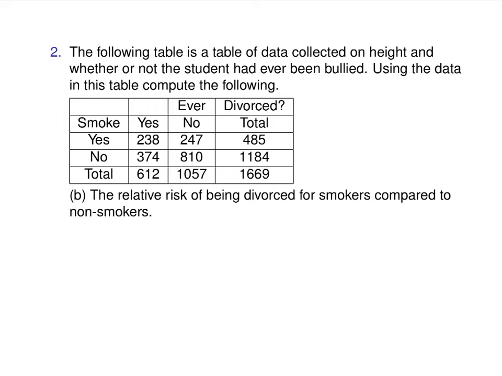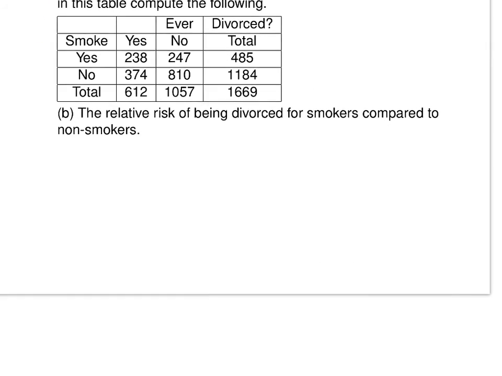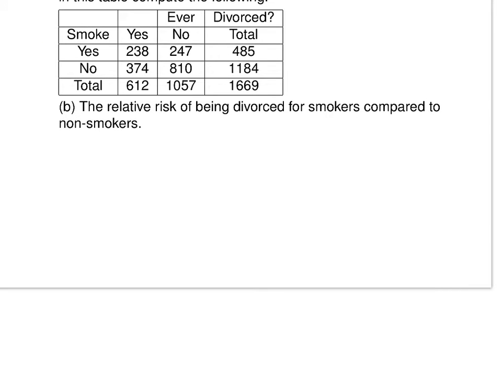How about the relative risk of being divorced for non-smokers versus smokers? So that's the risk for the smoker divided by what? Risk for the non-smoker. The risk for the smoker was 0.491, right?